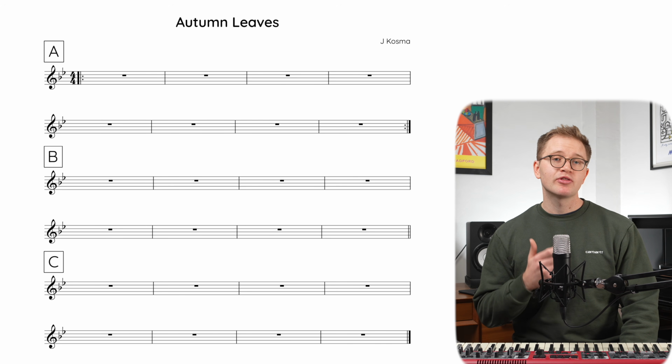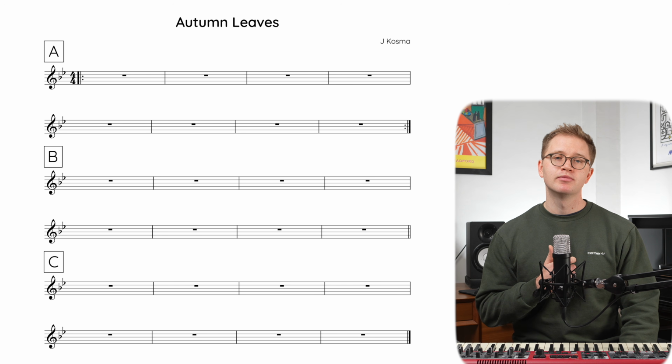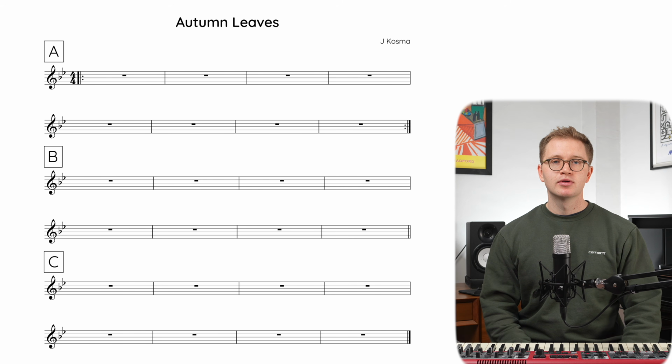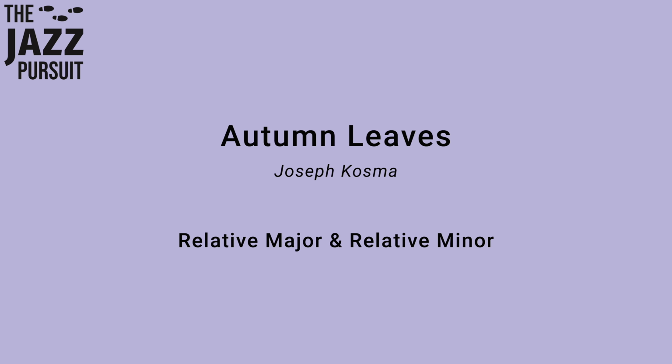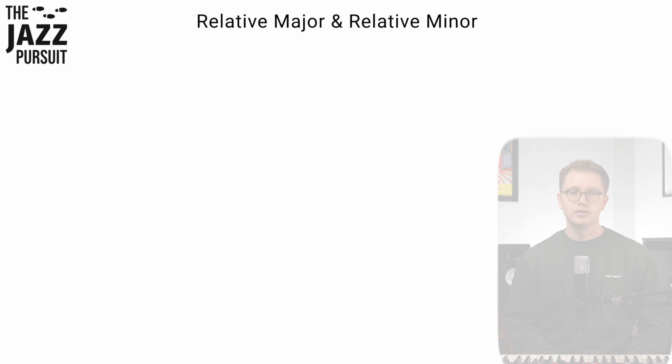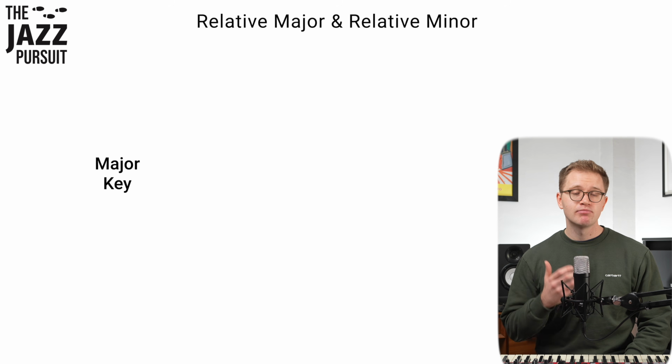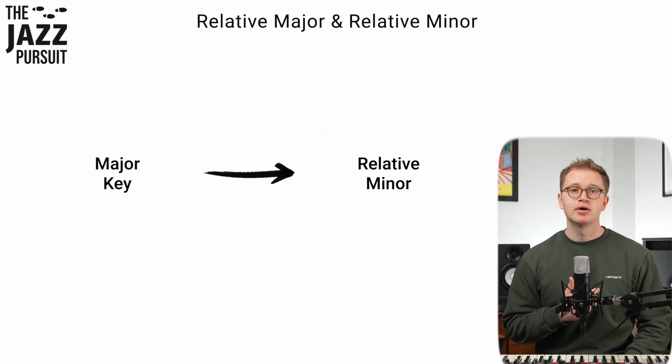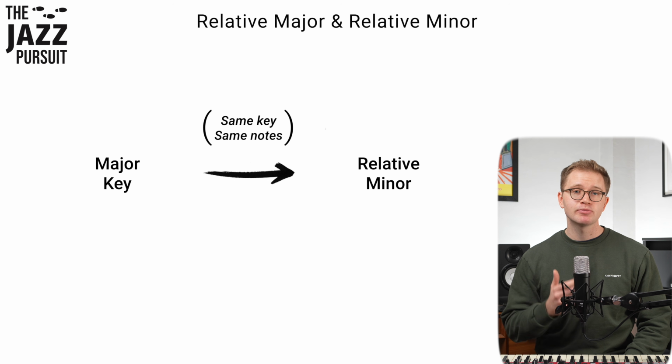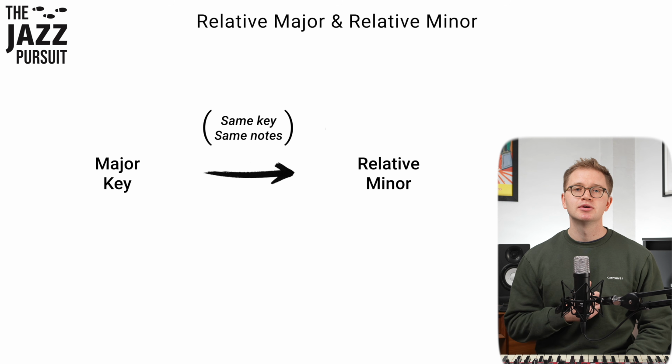Now, before we look at the A section harmony, we first need to understand the terms relative major and relative minor. Every major key has a relative minor, a minor key that shares the same key signature and is made up of exactly the same notes.